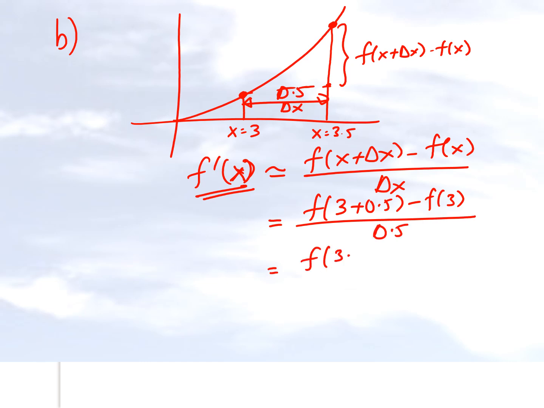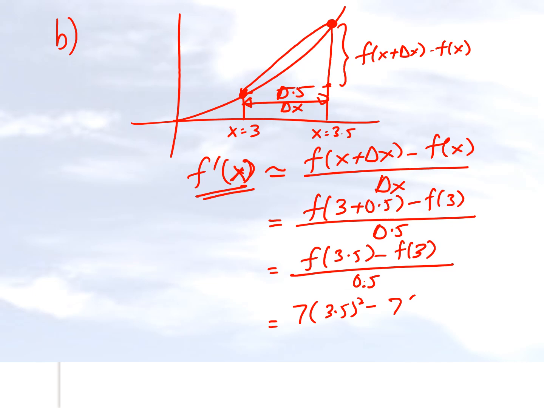So it is the difference between the function at 3.5 and 3 divided by 0.5, which is going to give us the slope of this secant line right here. So we get 7 times 3.5 squared minus 7 times 3 squared, divided by 0.5, which in fact turns out to be 45.5 once you do the calculations.